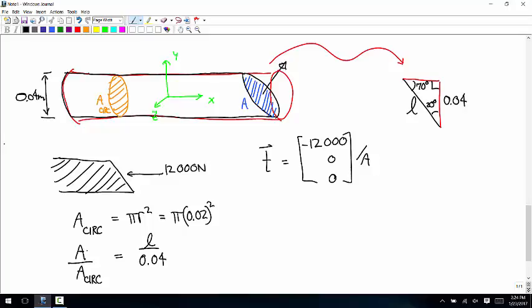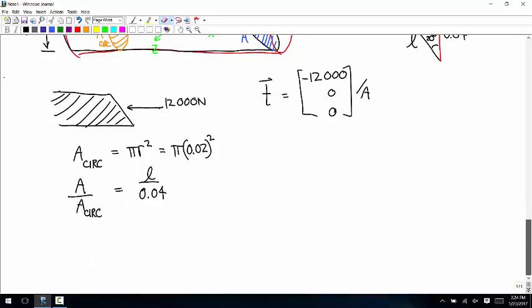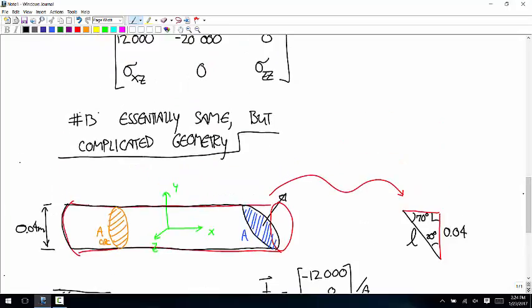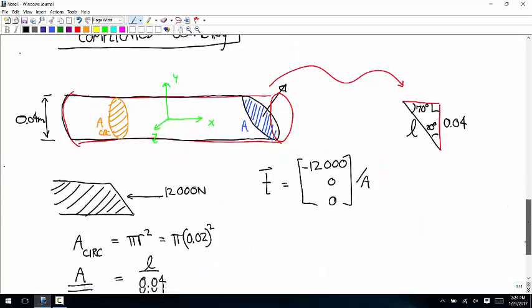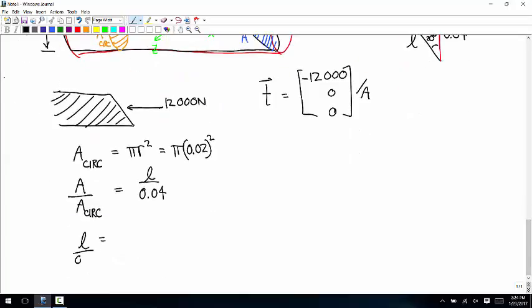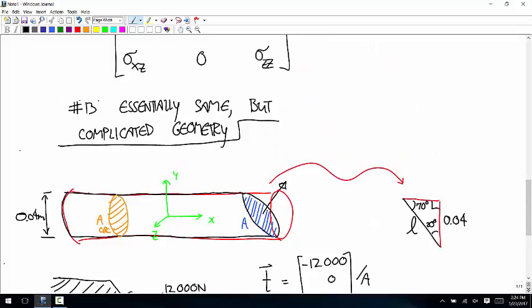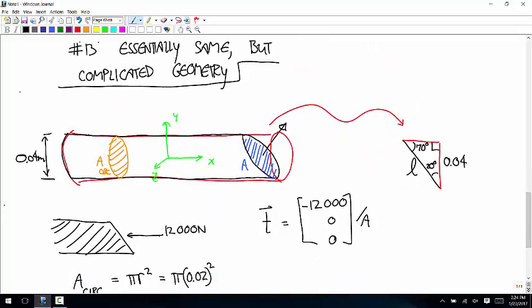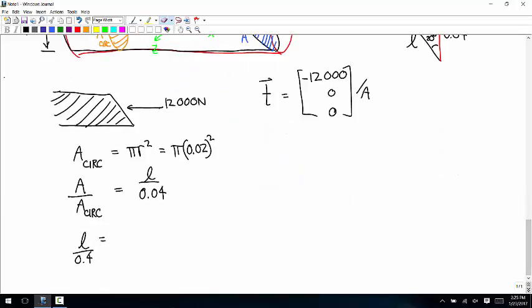So L is equal to... let's see. I'm doing that backwards. 0.04 over L is equal to cosine of 20, right? 0.04 over L is equal to cosine of 20.